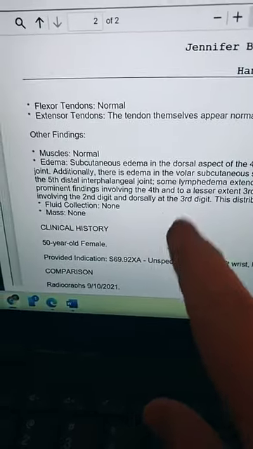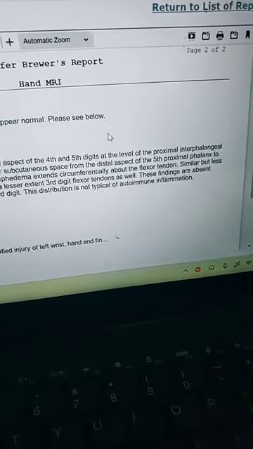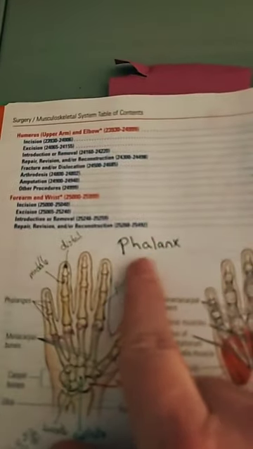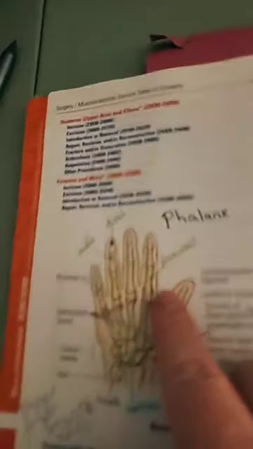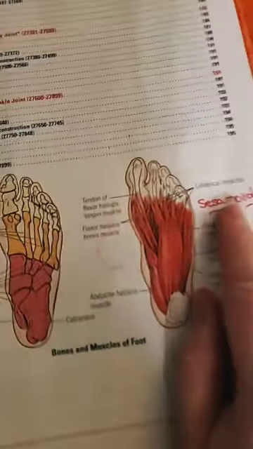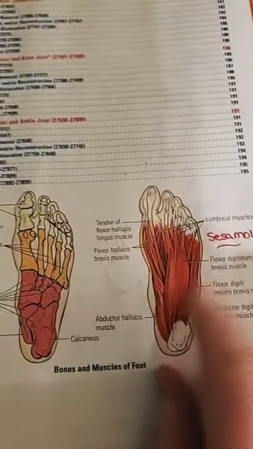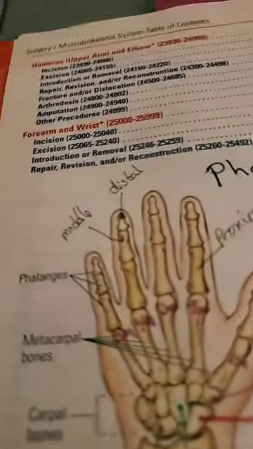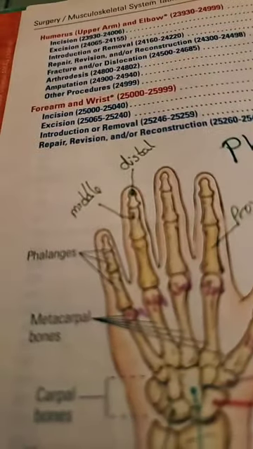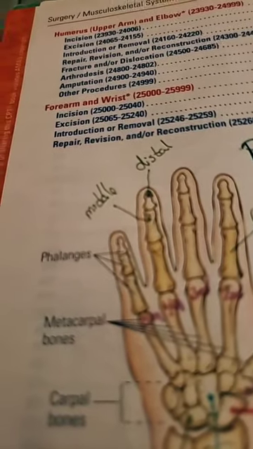Huh. But that's it. It was interesting. You just need to make sure that you know that whole, if they're talking about a phalanx, they're talking about the hand. We're talking about sesamoids. We're talking about feet. Those kind of things is what we're keeping up with from exam to exam.